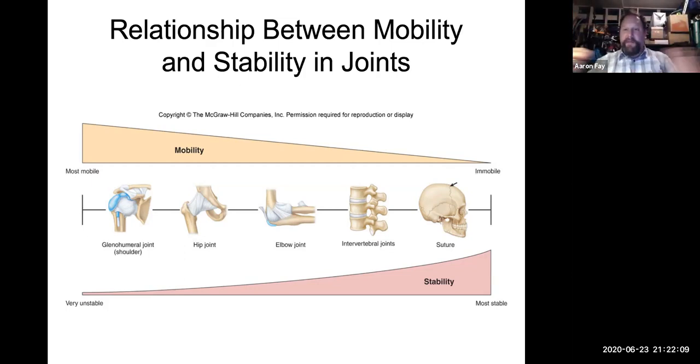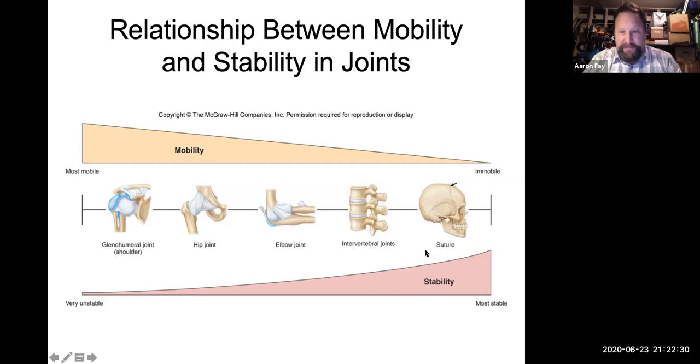Your arms have a much wider range of motion than pretty much any other articulation in your body. The price you pay for that is you have some very delicate structures that are very easily damaged. So anyone who's had rotator cuff injuries, any of that kind of stuff, you know, shoulders are easy to damage and they're hard to heal.